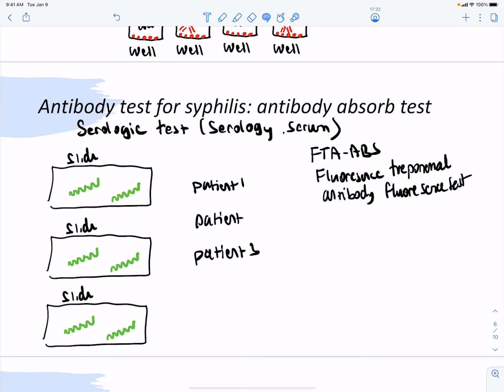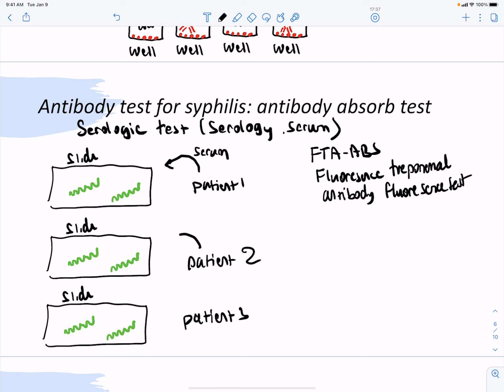And then what you do, let me split these guys up. What you do is you take serum from each of the patients and you add it to the slide. And then you are going to add a second conjugated antibody to bind to the humans.